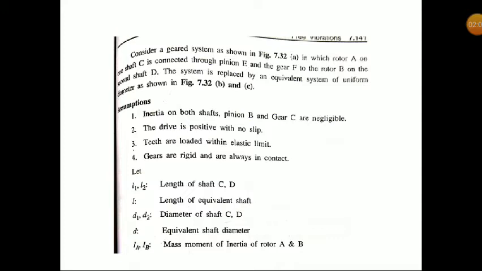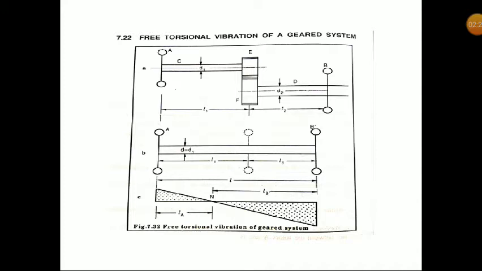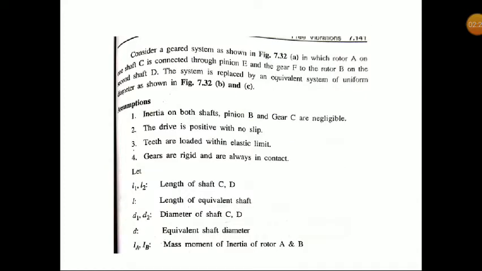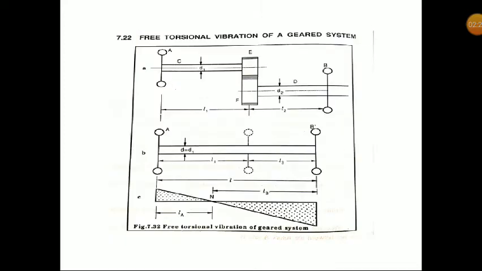Then the drive is positive with no slip, teeth are loaded within the elastic limit, and gears are rigid and always in contact. Then we first define the different terms: L1, L2, the lengths of shafts C and D. Then L, the length of the equivalent shaft, you can refer to the second figure.